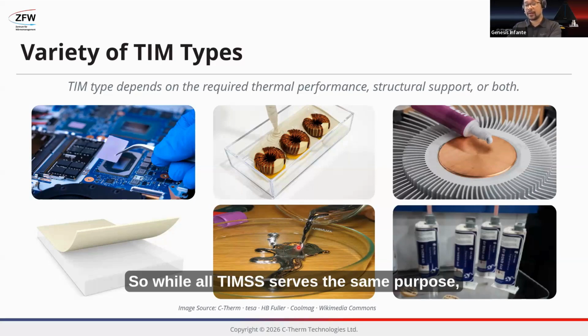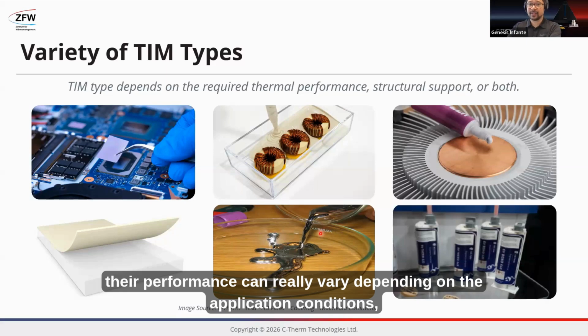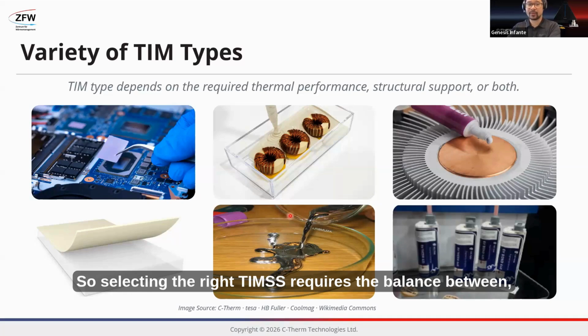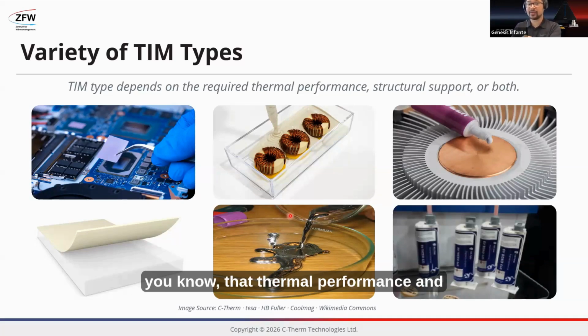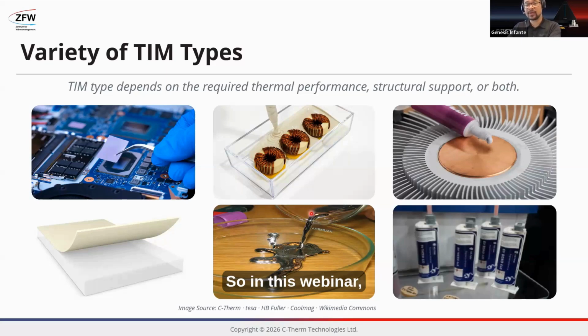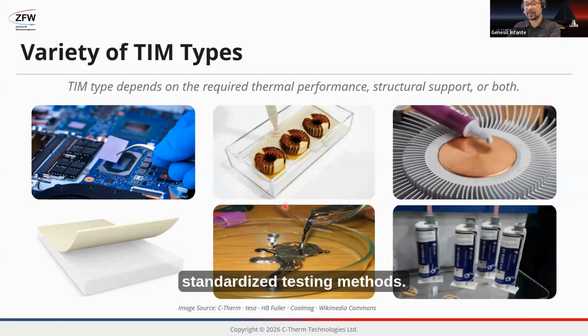While all TIMs serve the same purpose of reducing thermal contact resistance, their performance can vary depending on the application conditions, bond line thickness, pressure, and all that mentioned earlier. Selecting the right TIM requires a balance between thermal performance and the actual conditional parameters involved. You need to take reliability, ease of assembly, and long-term durability into account. In this webinar, we'll explore how these different TIM technologies are evaluated and compared using standardized testing methods.